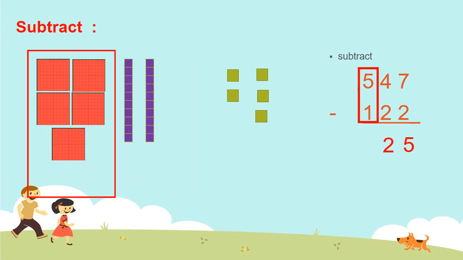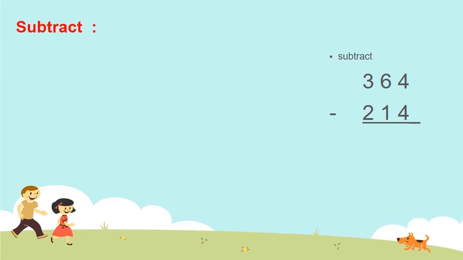How many do we have? 5. And we want to remove 1. So let's remove 1. How many do we have? 4. So the result of subtracting 122 from 547, we get 425. Okay, next.